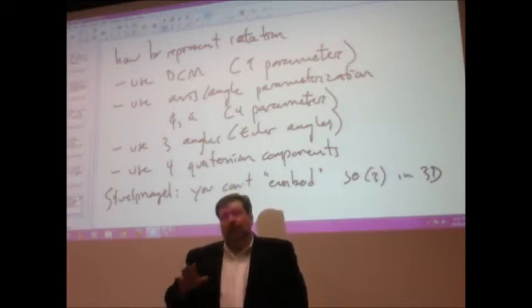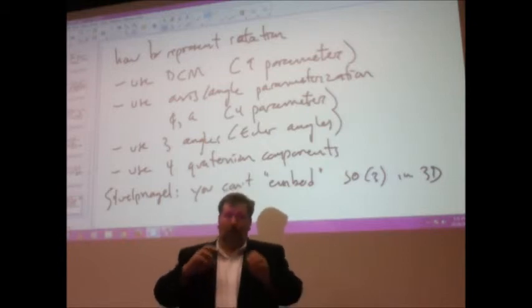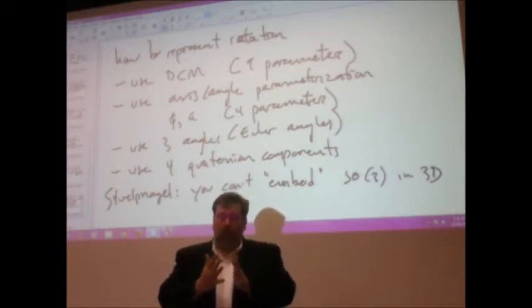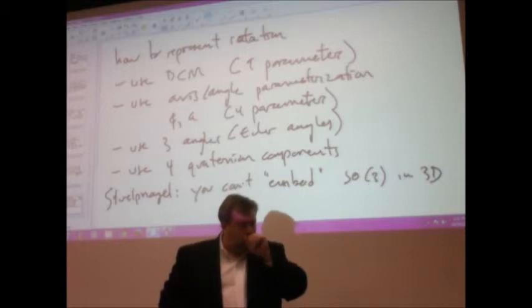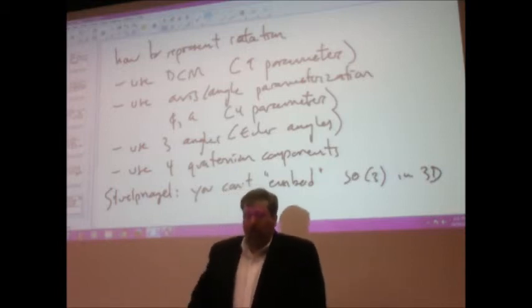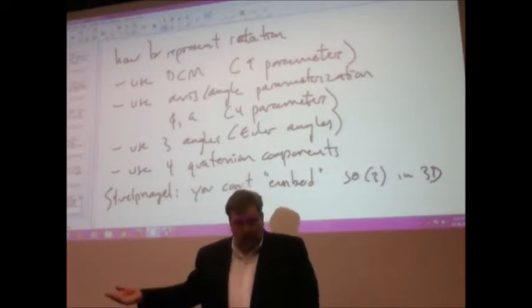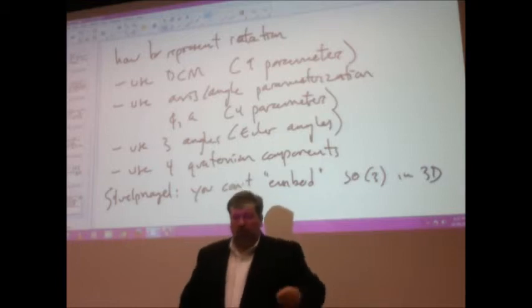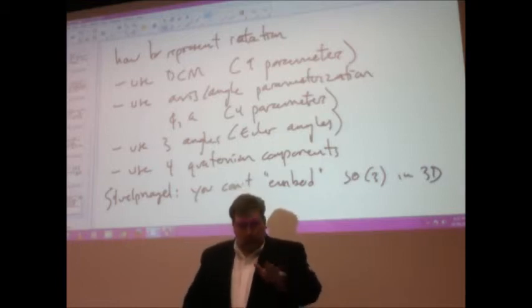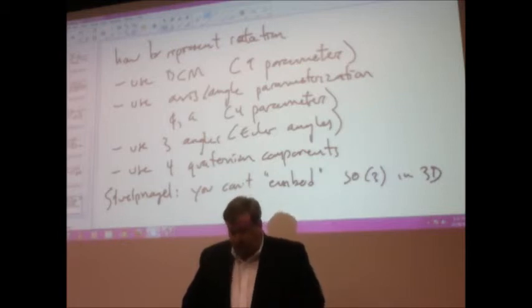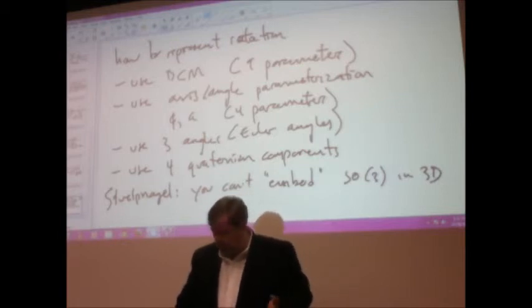Anyway, the same thing that happens there for trying to map a 2-dimensional sphere onto a flat plane is what Stuelpnagel is talking about when we try to map the 3-dimensional world of rotations onto a 3-parameter attitude representation. So you could use roll pitch yaw angles, Euler angles, which we'll talk about. If you used that, you would always encounter some kind of problem, some kind of ambiguity or singularity or some other kind of problem.